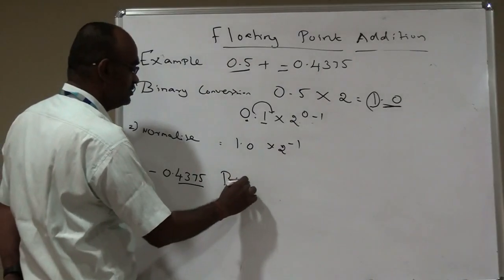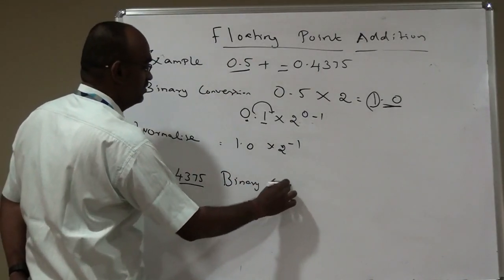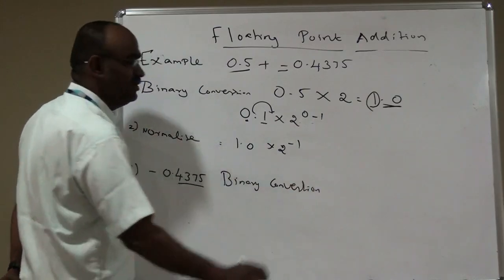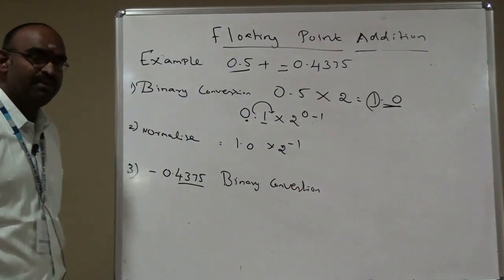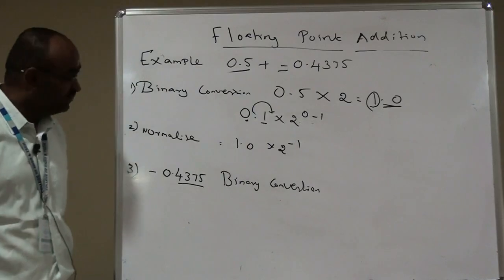So how to do the binary conversion? As I already told you, the conversion is done by multiplying with 2, taking only the fractional part of the number.